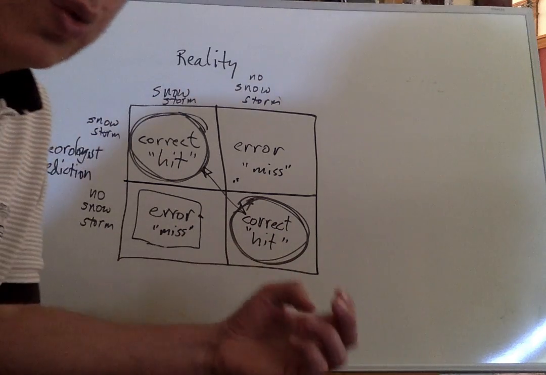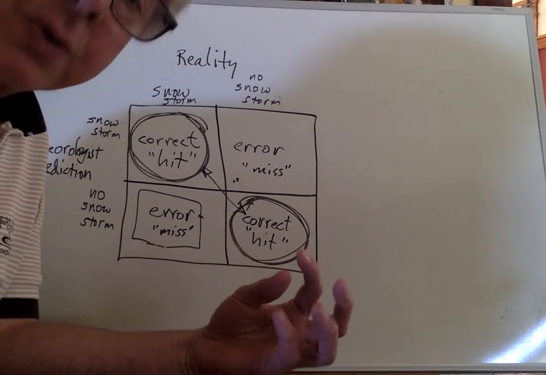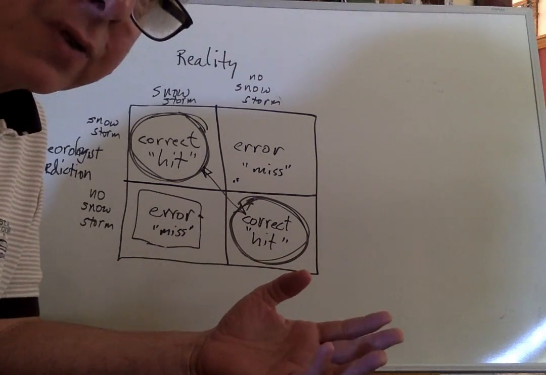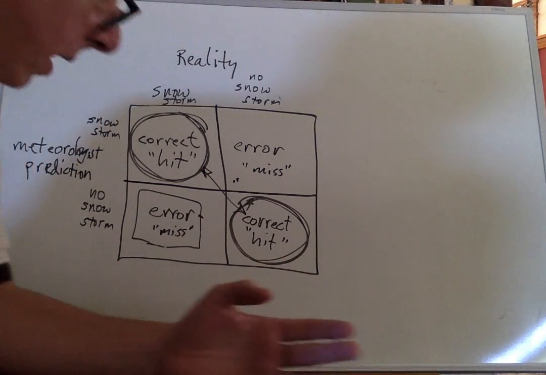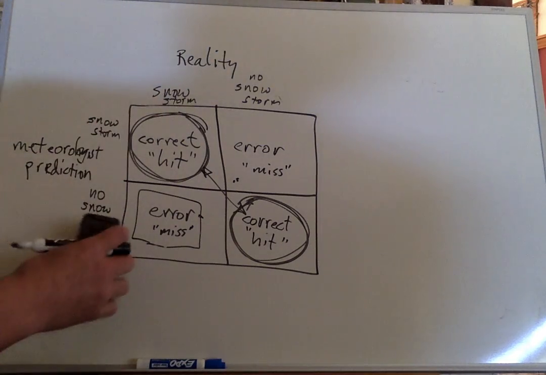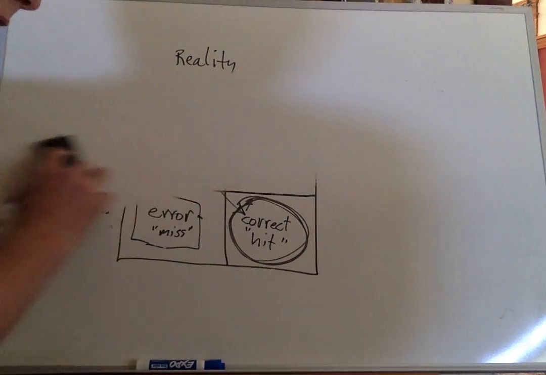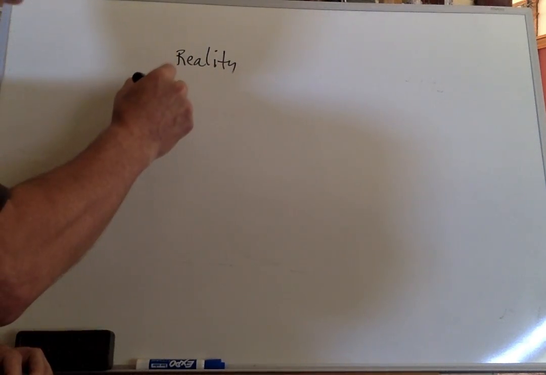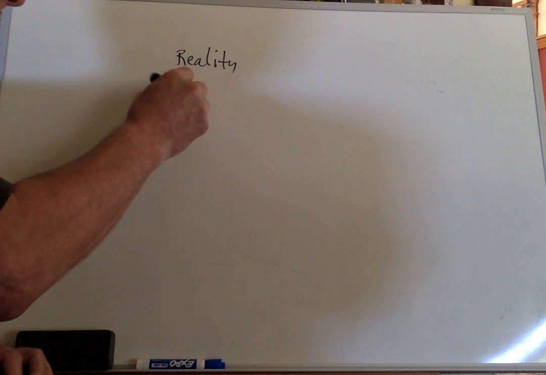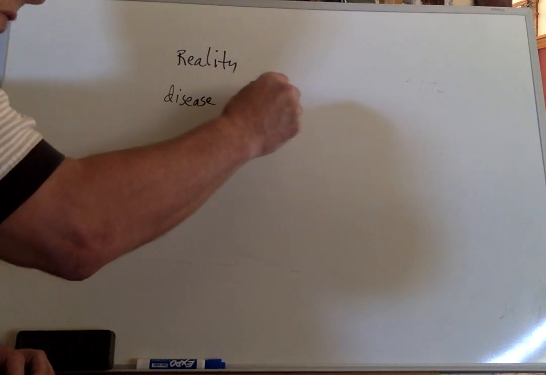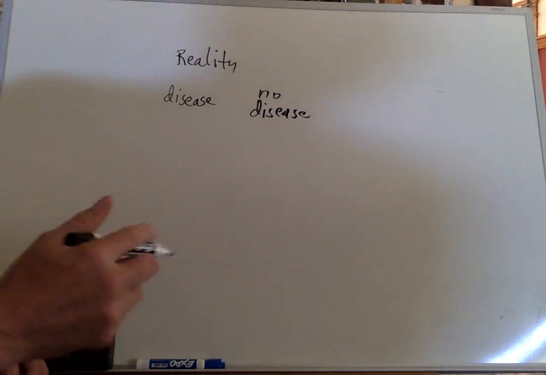When a doctor makes a medical diagnosis, they are making an inference. Because in reality, you either have the disease or you don't have the disease, or sickness, or whatever it is.